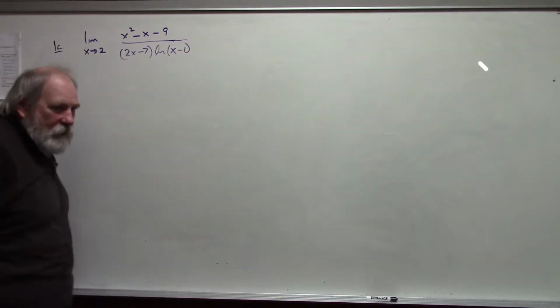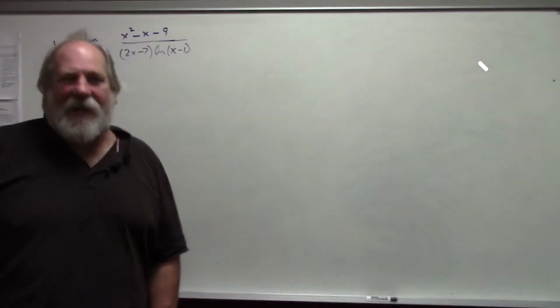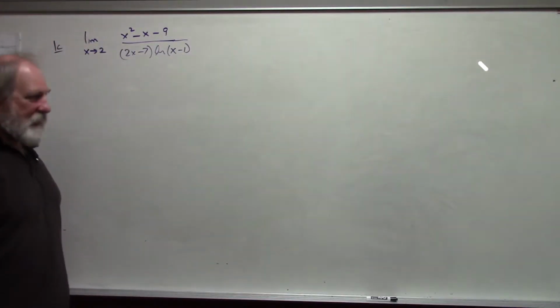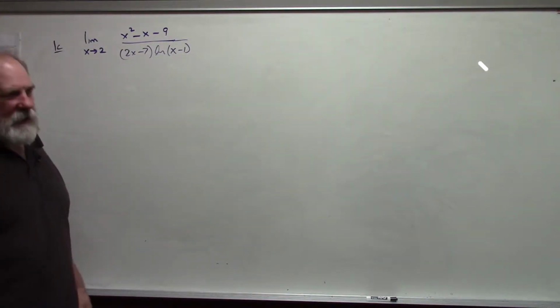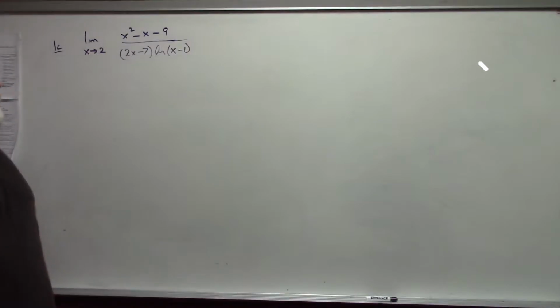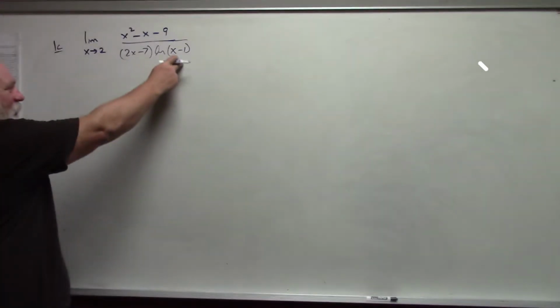Now, first off, when do we get an infinite limit? This is different than an indeterminate limit. Notice in this particular situation, as x approaches 2, my denominator is still approaching 0. The natural log of 1 is 0.